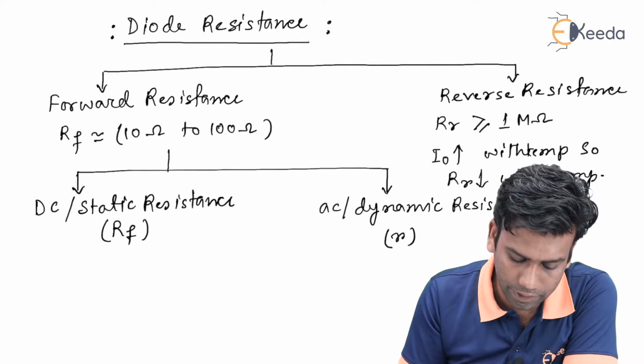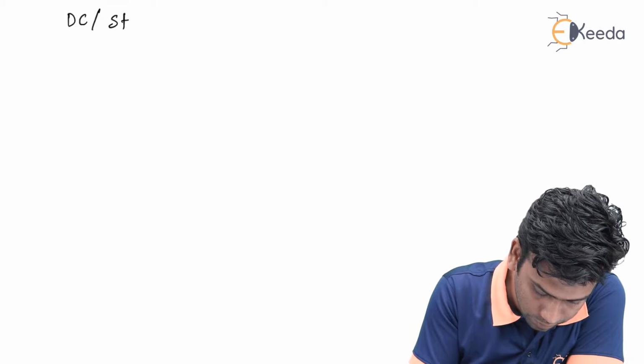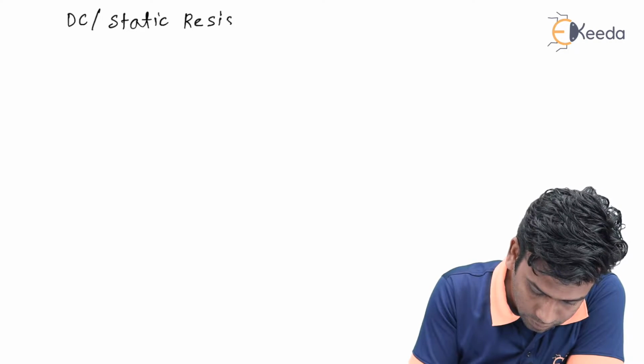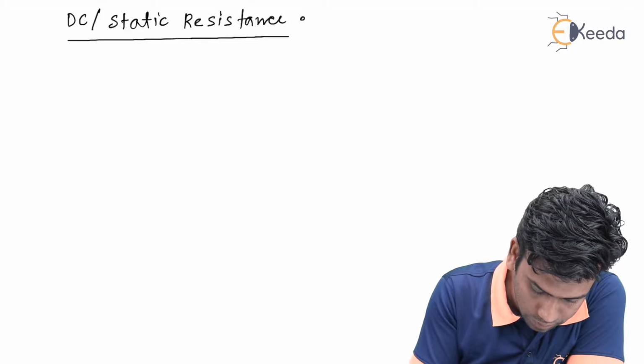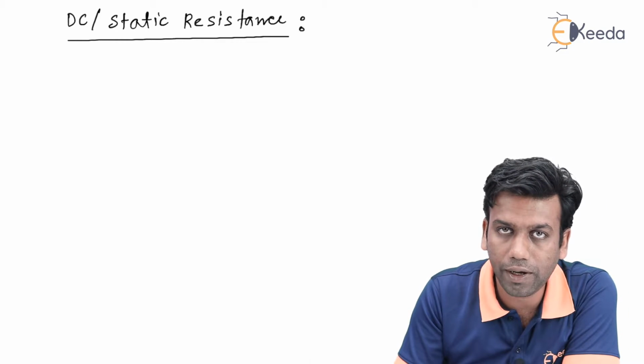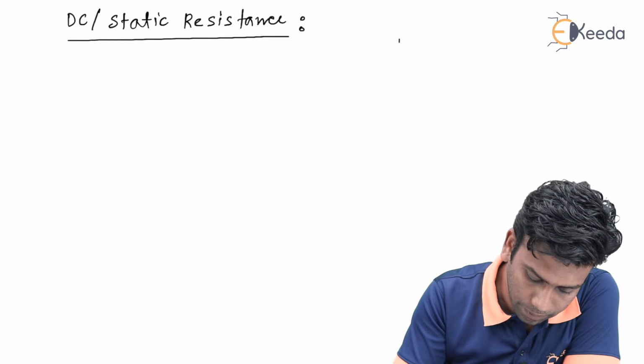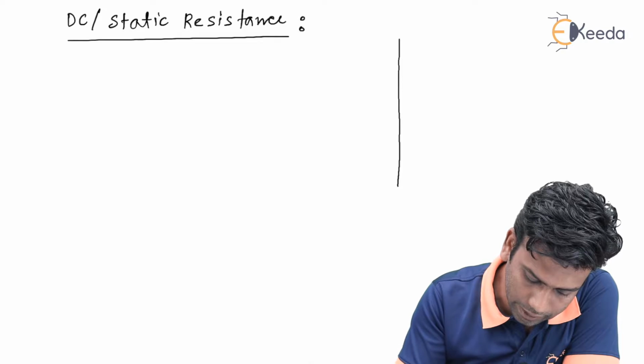Now, let us define the static resistance or DC resistance of the diode. The DC resistance can be found from the forward bias characteristics. The forward bias characteristics look like this.